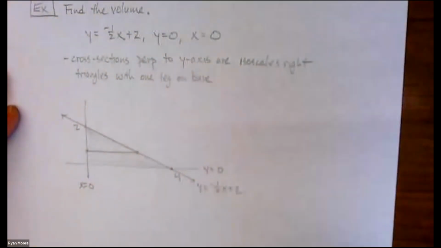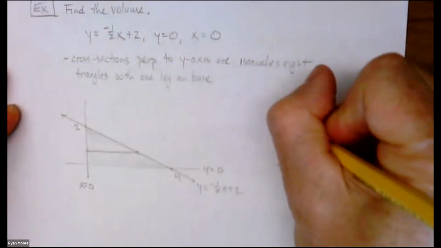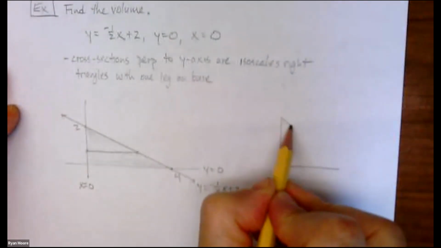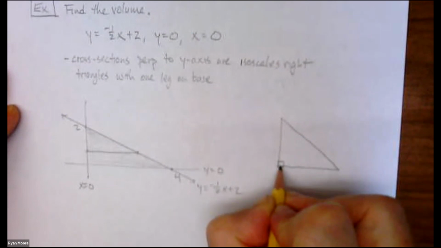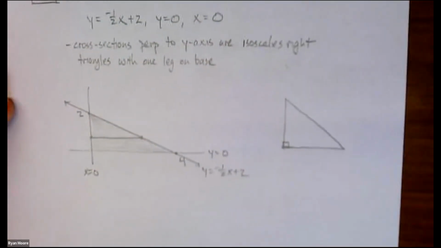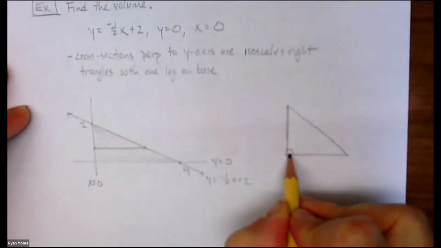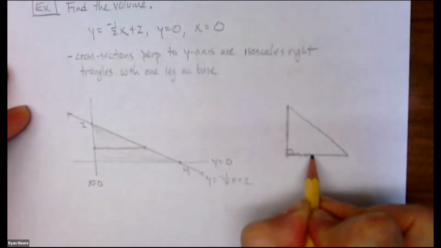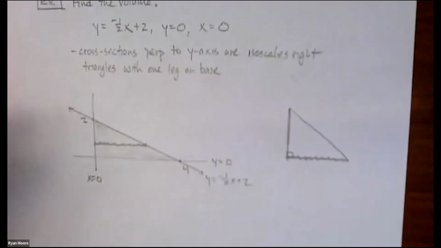So we're going to say, what would that look like? All right, there's that same line. It's an isosceles right triangle. So this is one leg, here's the other leg, here's the right angle between them. You get the idea. So that is that line there. Okay.